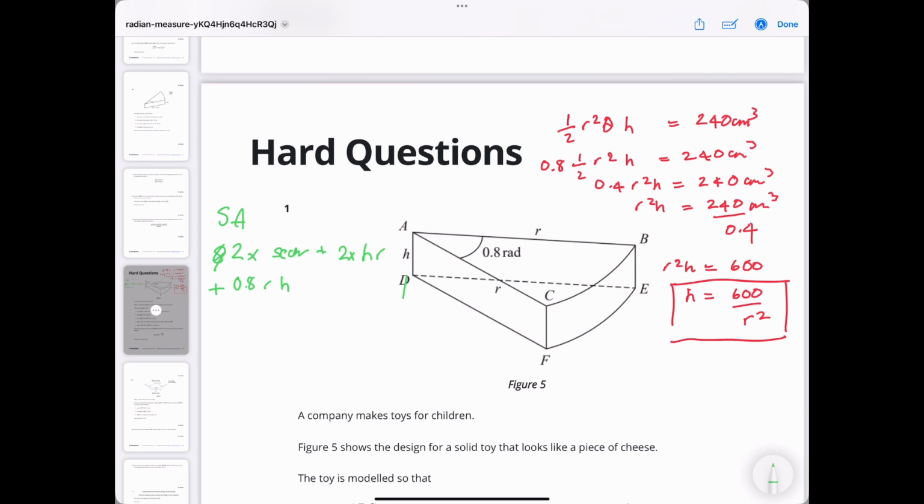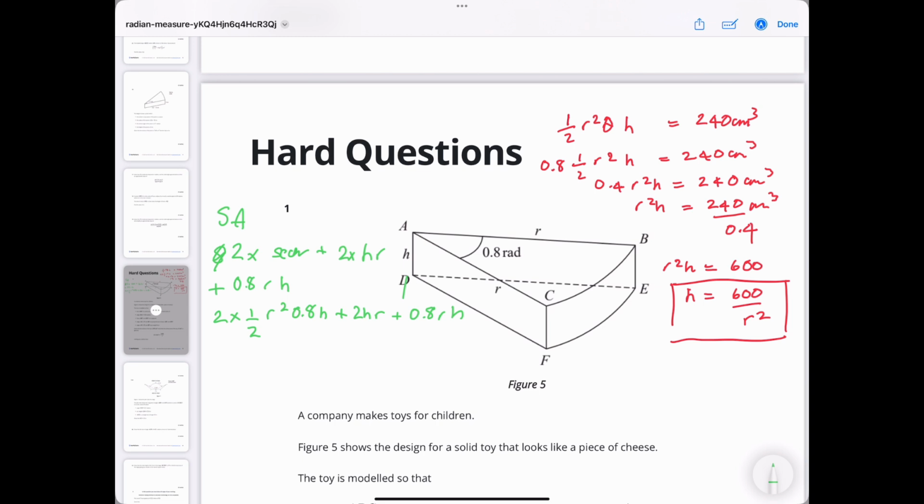So now we know the area is going to be 2 times half r squared times 0.8, plus 2hr plus 0.8 rh. This is not that bad then.